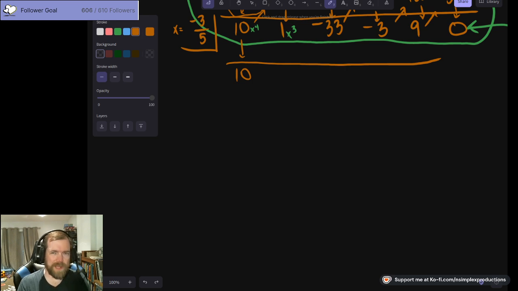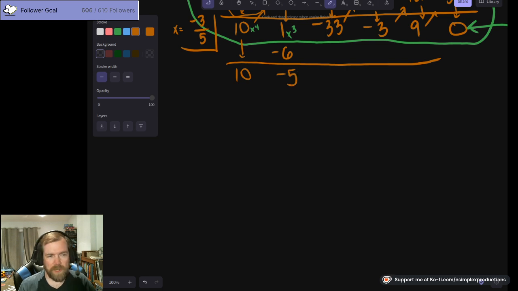There's going to be some fractions as we go through, but it's fine. Okay, so negative 3/5 times 10 is going to be a negative 6. And we add it to 1, and that now becomes a negative 5.